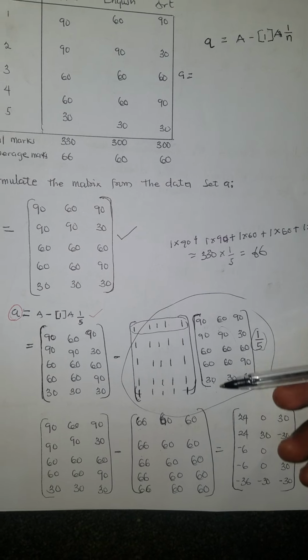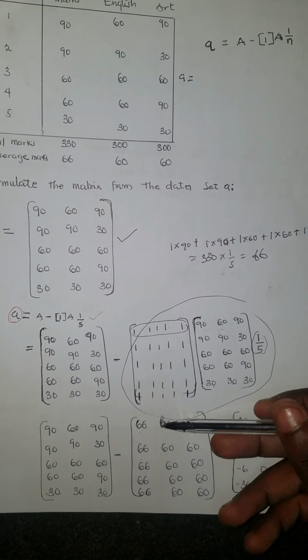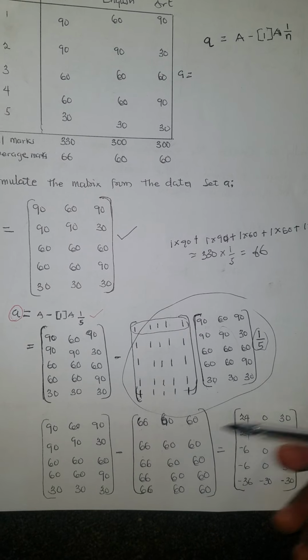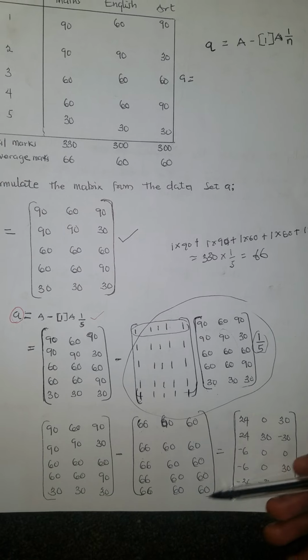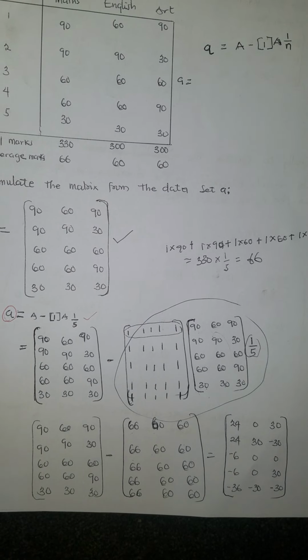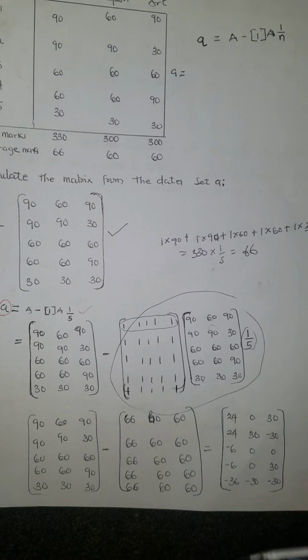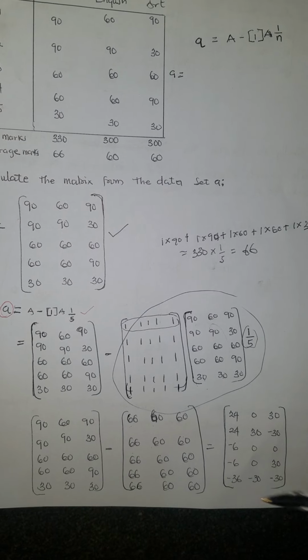We have 5 rows, so it will repeat 5 times. So the whole of this thing will give us this matrix. In all of our solutions, in any of the questions, the same thing happens.